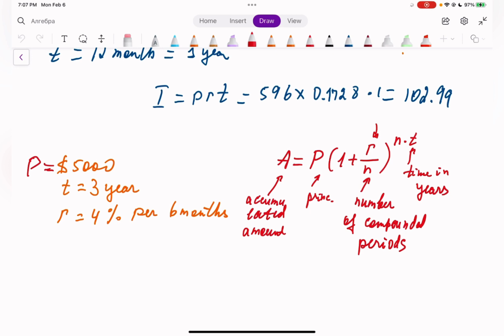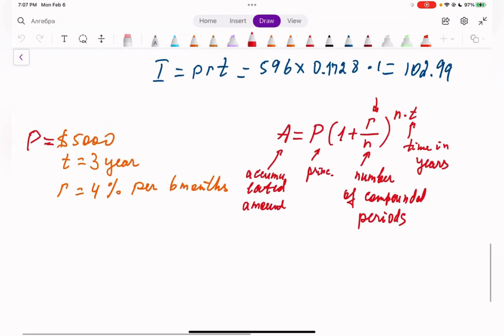All right, so let's see how we're going to solve based on this formula. Let me write it down. A is equal to P, 5,000, times 1 plus the rate, 0.04.